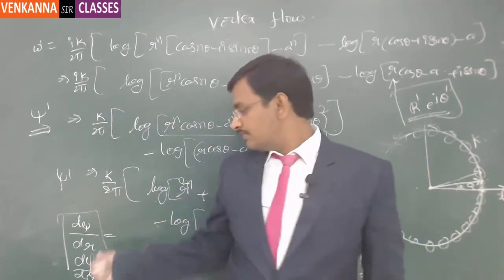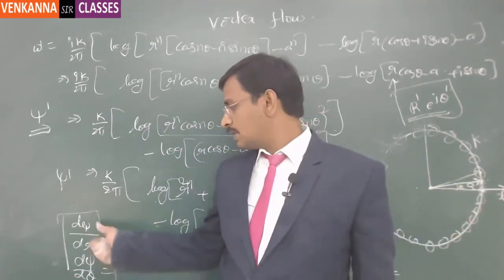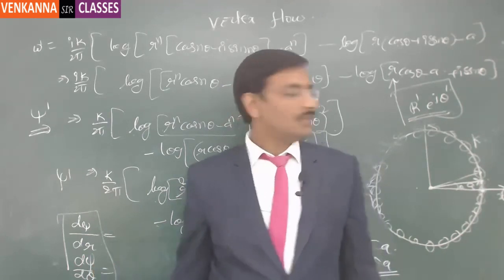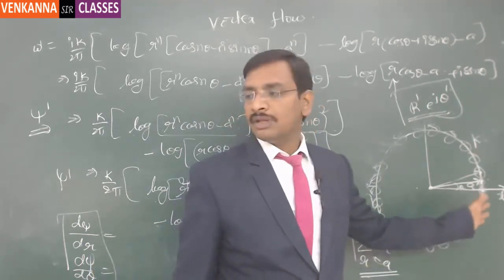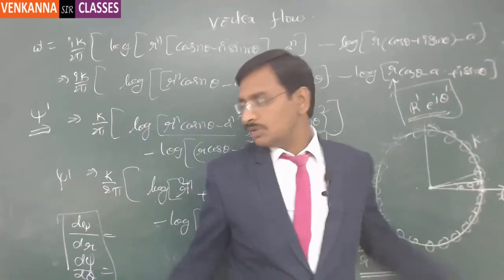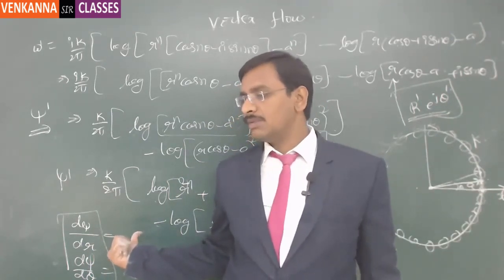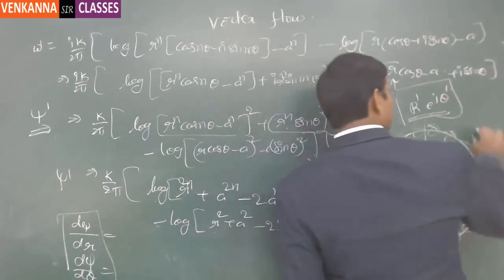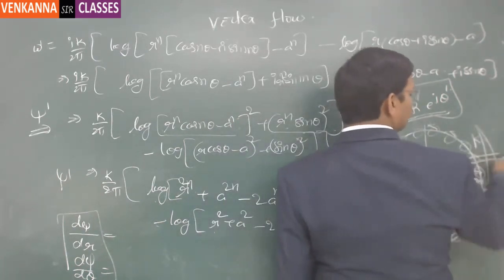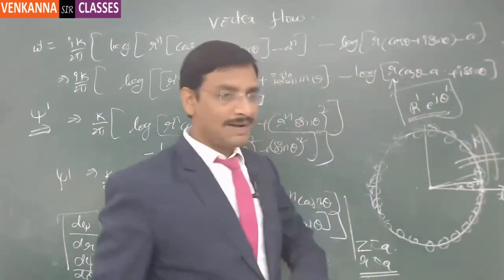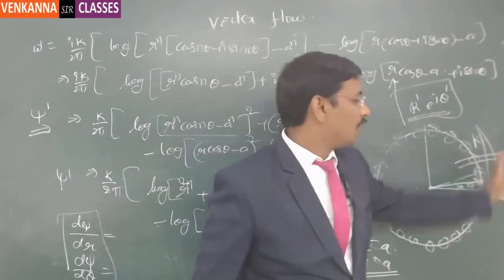Now if I take dou psi by dou r, the streamlines are distributed in one way or the other, which we don't know. Now we are trying to identify whether the streamlines go this way or this way.